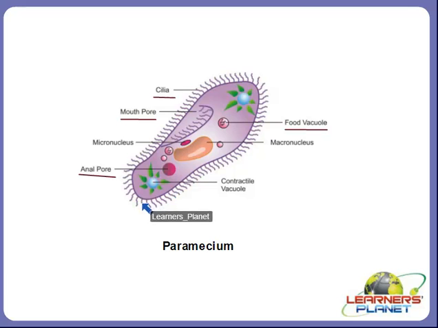Further, another part here is the contractile vacuoles. These contractile vacuoles may be more than one in number, and they help in the circulation of things inside the cytoplasm. Besides, they also help in the contraction and relaxation of this organism and help in movement also.